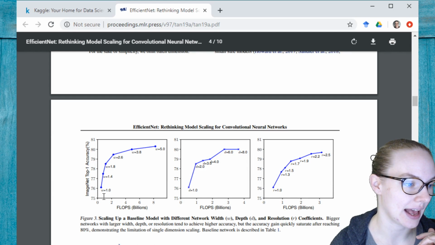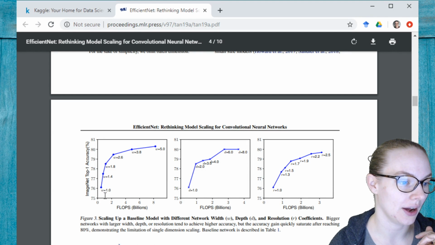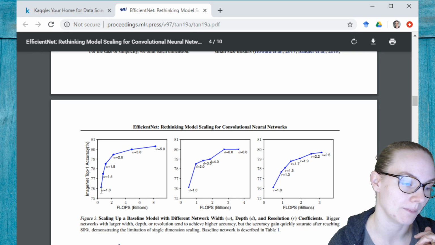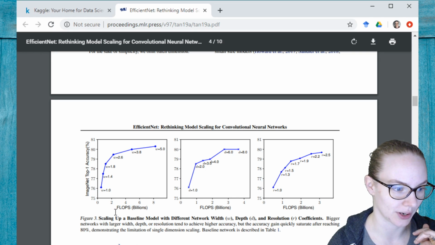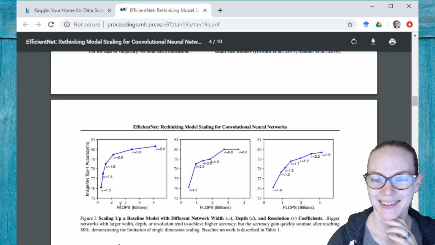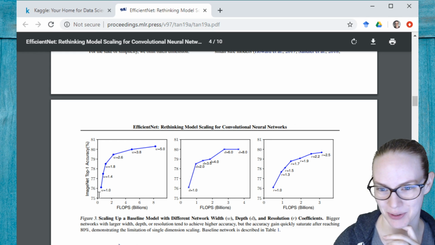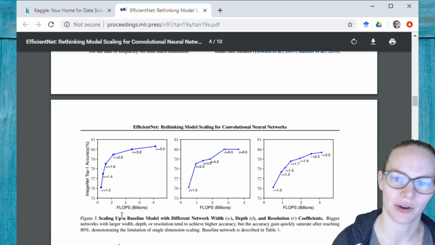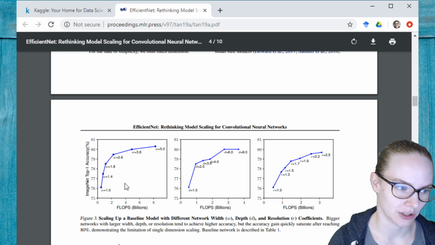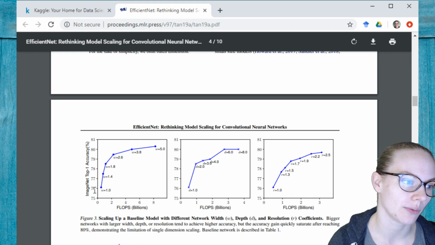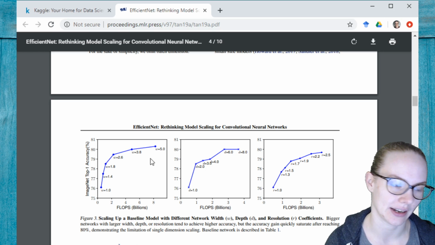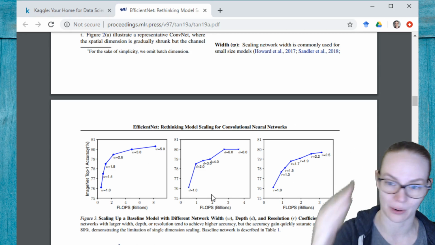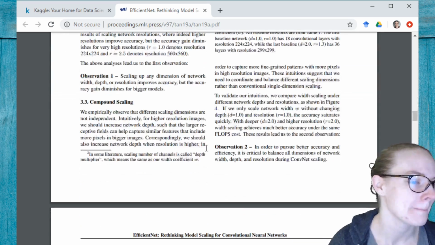As you increase the number of floating point operations, near the beginning, you get a really large jump in accuracy, and later on, that improvement rate decays. So you don't continue to get linear improvement as the model starts getting bigger.